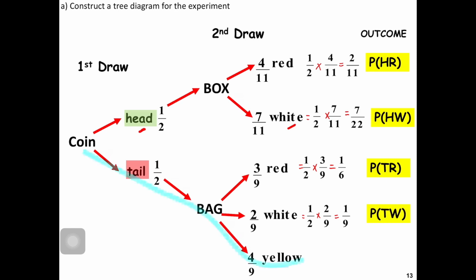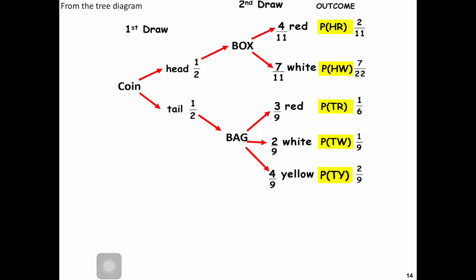And lastly, for the fifth branch, you have tail for the first row and yellow for the second row. So multiply along the branches: 1 over 2 multiplied by 4 over 9 to get the value of 2 over 9 as your probability outcome of tail and yellow, TY. Okay, so this is your tree diagram.